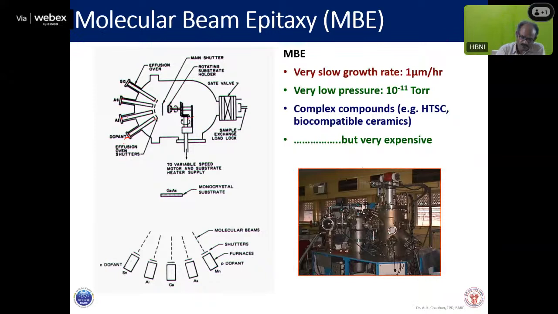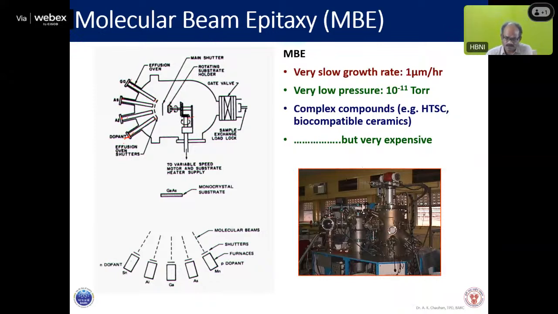If the temperature is high, it will be like a thermal evaporation only, but with a very controlled rate. Suppose you want to deposit gallium arsenide, so these will be opened, and then it will be deposited here, and for dopants it will be different.